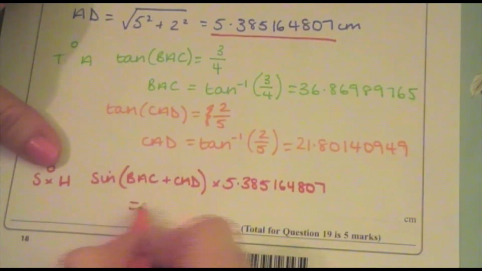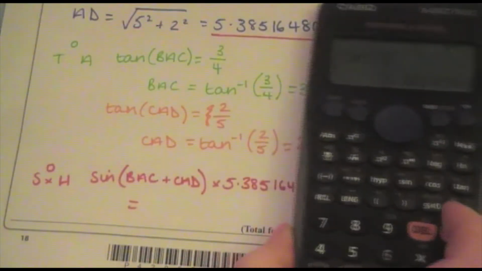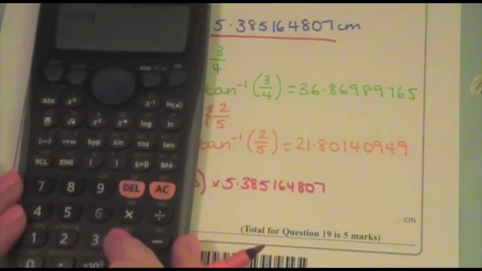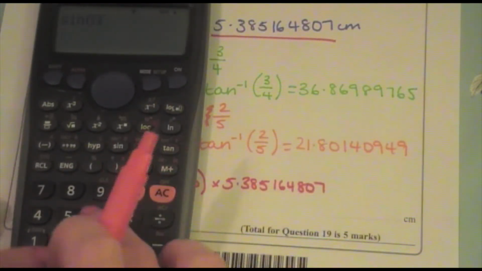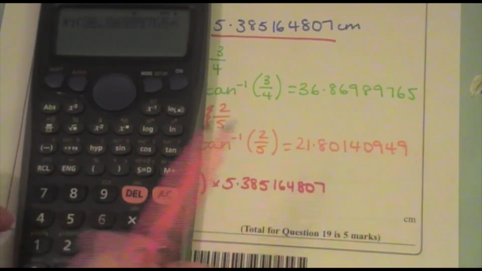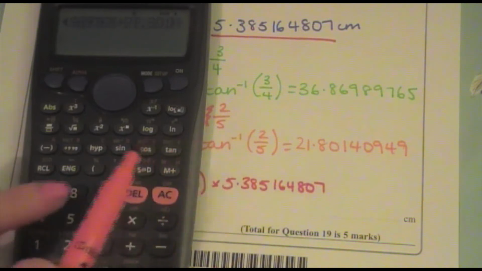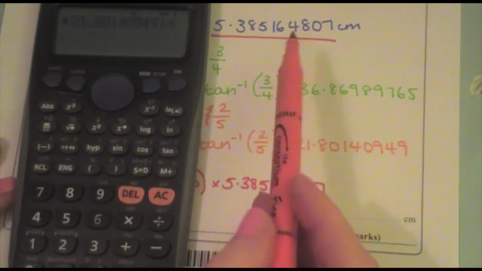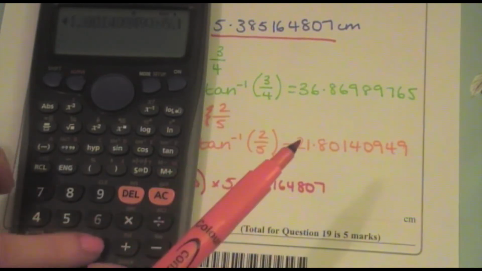Okay, and that should then give me my opposite length. So I'm doing sine of this one here, 36.86989765, plus this one here, and then I'm multiplying it by this length that we worked out originally.